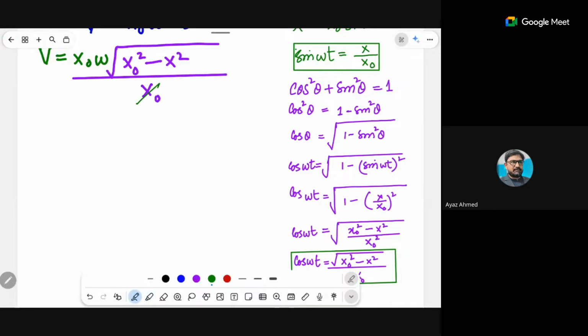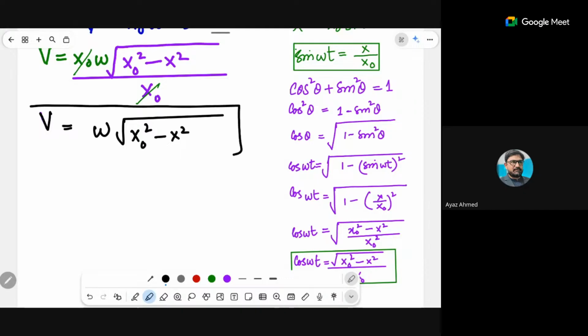So this x naught is cut by this x naught. That is why your velocity is now equal to what? Your velocity is equal to omega times square root of x naught square minus x square.